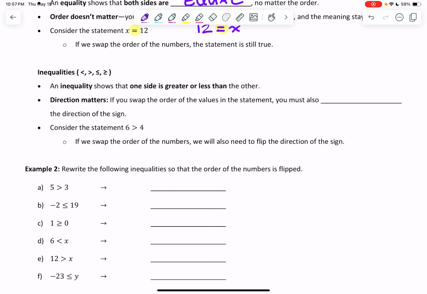So if I want to swap the order of the values in a statement, I also need to reverse the direction of the sign.